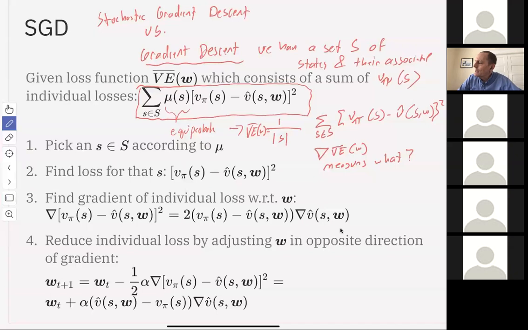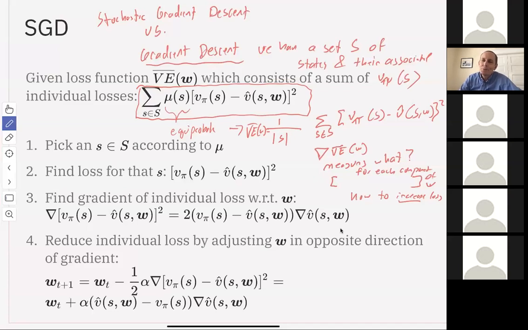And we have the gradient. So the gradient is going to tell us for each component of W how to increase the loss. Well, the gradient tells us how to increase.